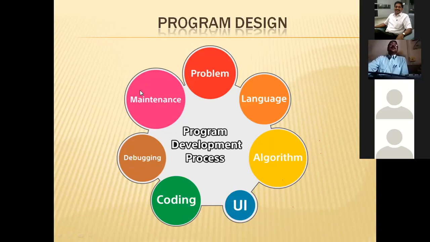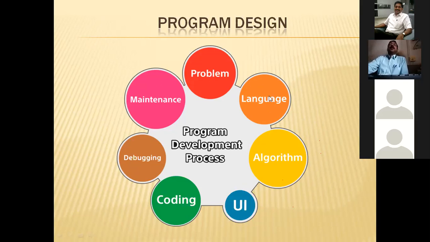So that is the debugging. And later on, we have to maintain this program, checking whether it gives a good answer or a wrong answer. So these are the development process of the program.